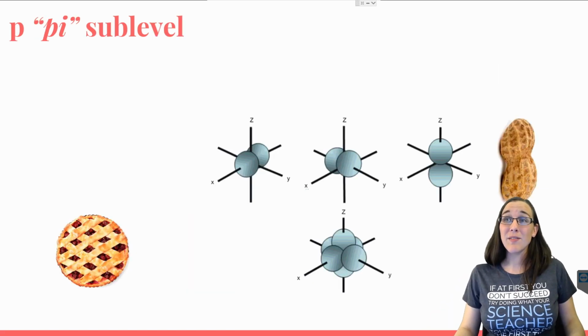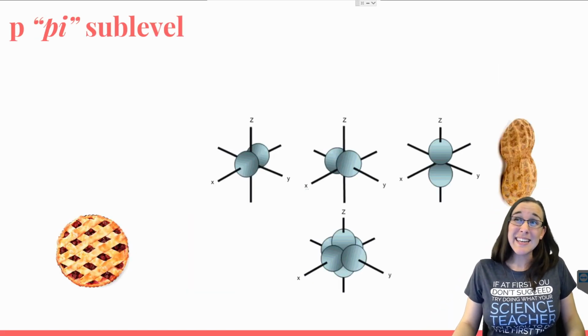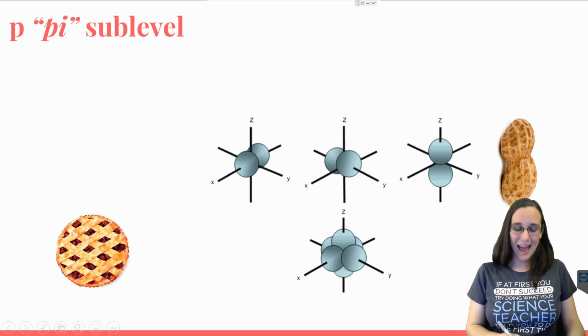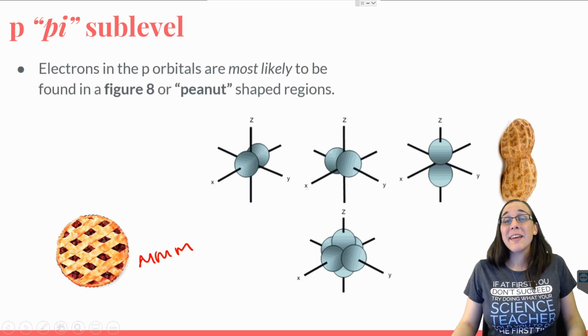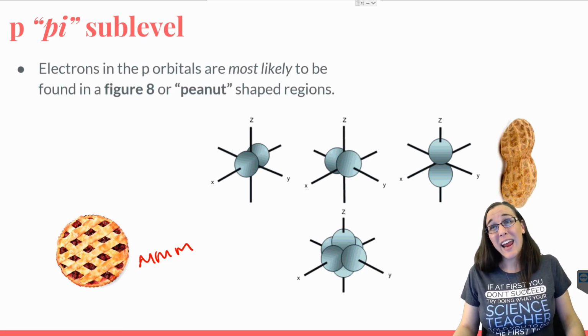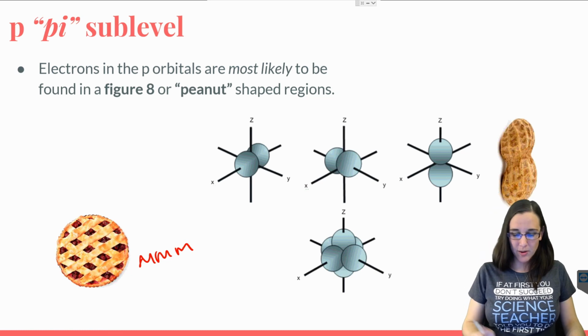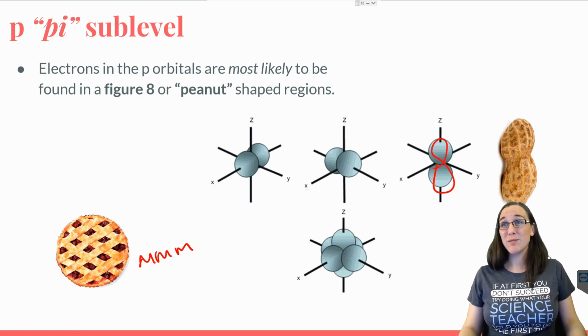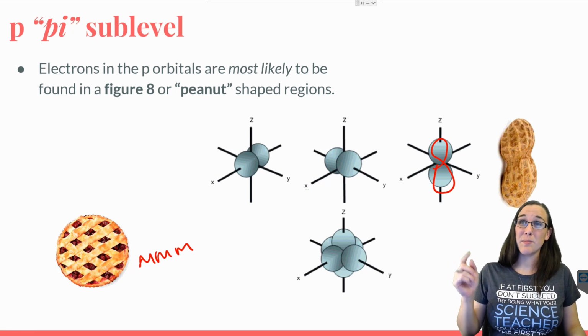The p sublevel is also pronounced pi, hence the pi on the screen there. The p sublevel can be a figure 8 most of the time, so it kind of looks like a figure 8 shape, or like a peanut, which is why I put the peanut right next to it above my head.